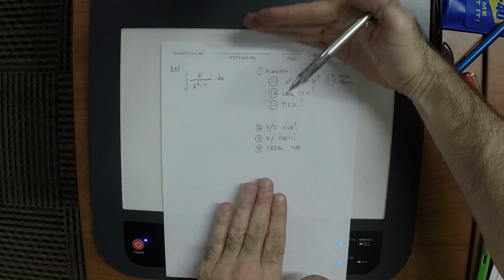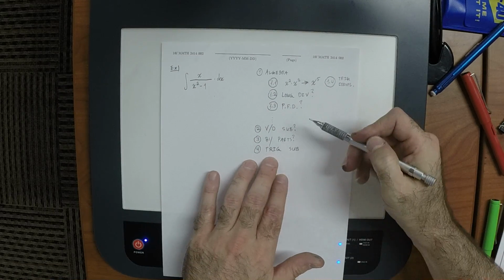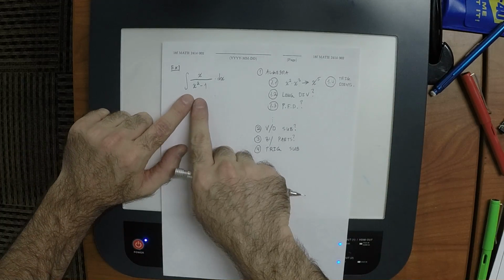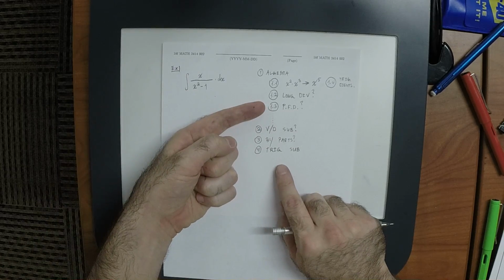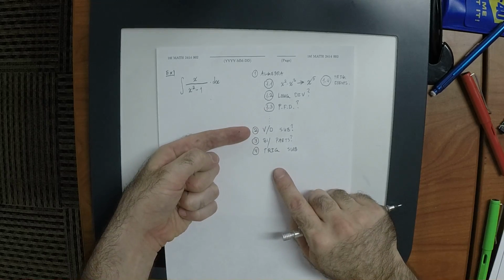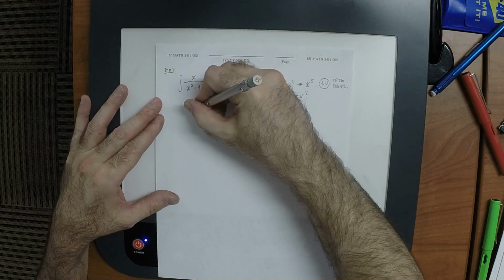So this procedure is a flowchart. I'll write out the full flowchart next time, but what I want you to see is that concerning this exercise, there are two outs. You can either do a partial fraction decomposition, or you could do a variable differential substitution. Either one.